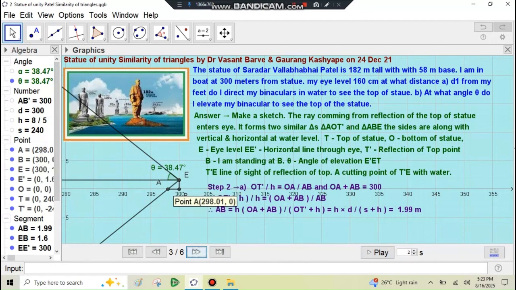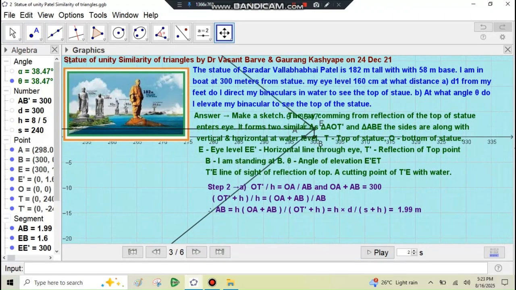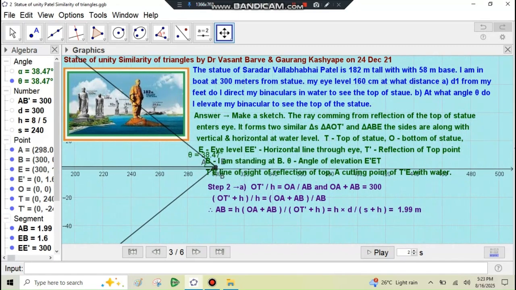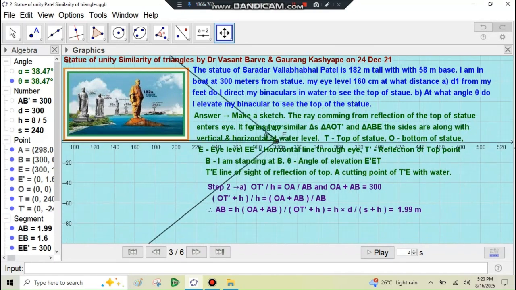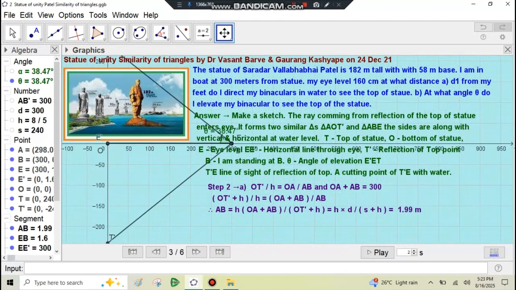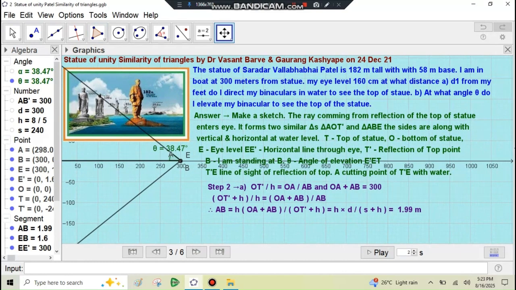Or by solving these two similar triangles, you will get this particular side, and relate that to the height of the statue. Okay. So yes, this is what you are going to get.